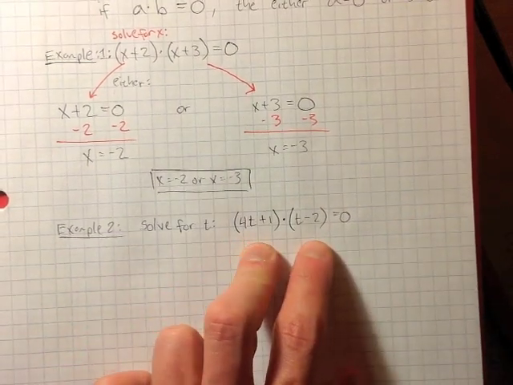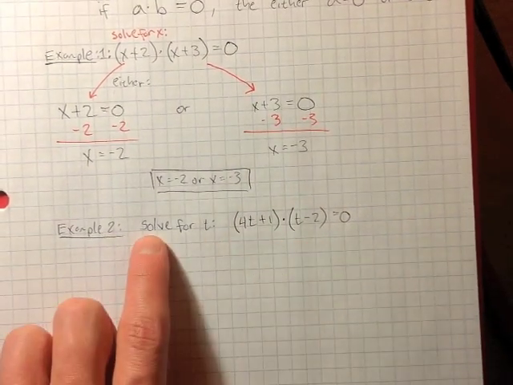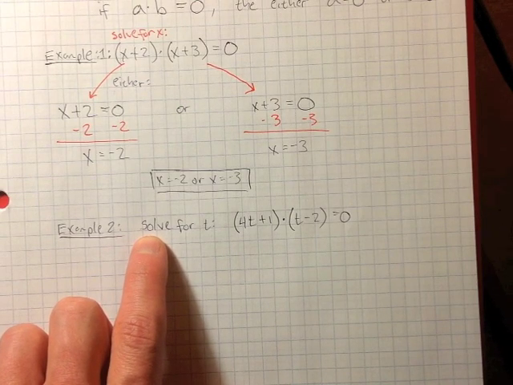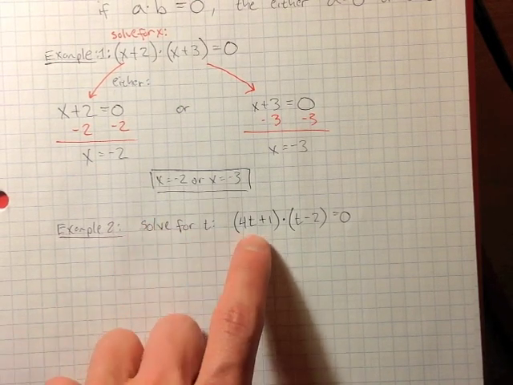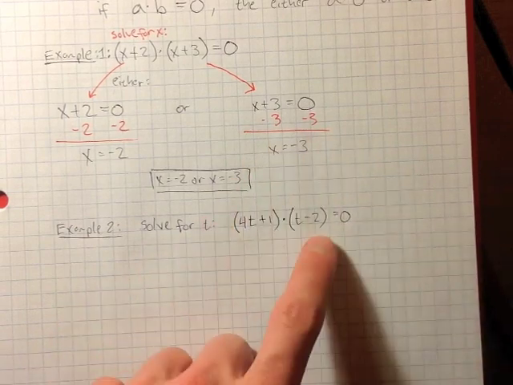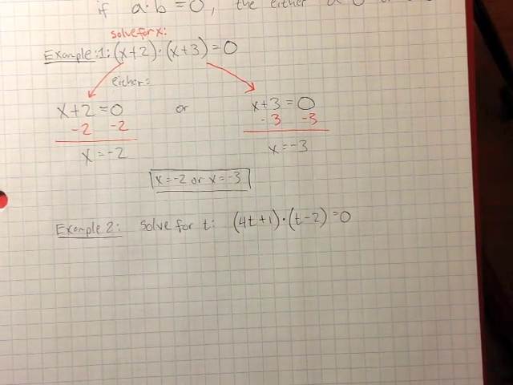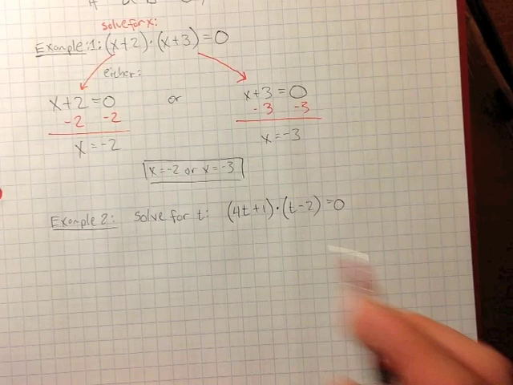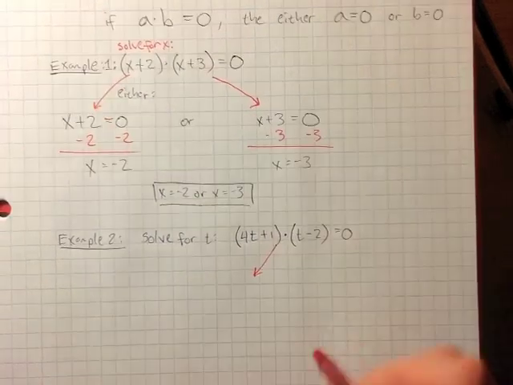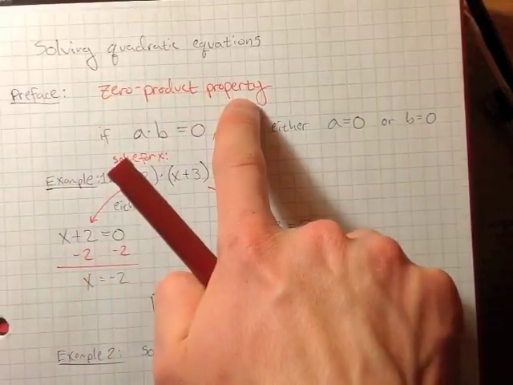If we are asked to solve for t, that means find the numbers that we can stick in for t that will make that equation true. And the way that you solve that equation is by utilizing the zero product property.